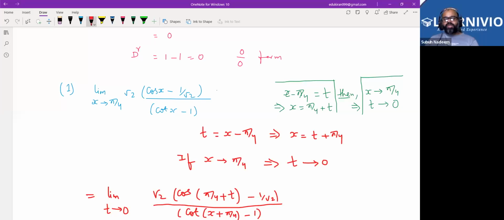This is how the question will change. This is also t, this is not x.